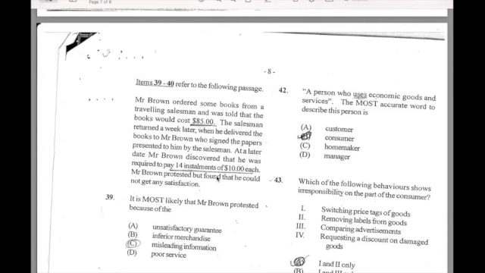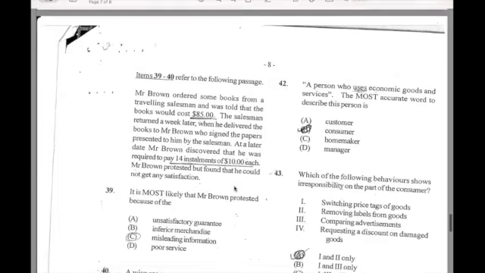When he delivered the books to Mr. Brown, who signed the paper presented to him by the salesman. At a later date, Mr. Brown discovered that he was required to pay 14 installments of $10 each. Mr. Brown protested and found that he would not get any satisfaction.